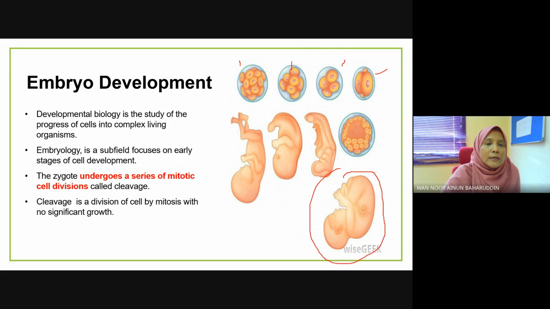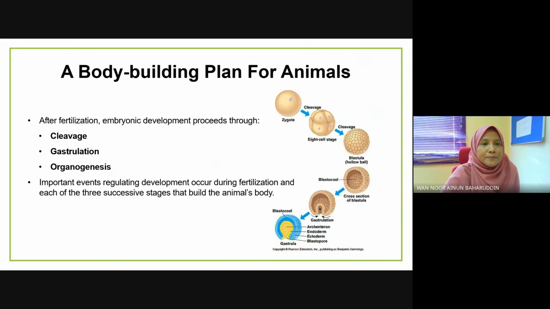This is what we call embryology. Embryology is a subfield focused on early stages of development. The zygote undergoes a series of mitotic cell divisions. These are what we call cleavage. Cleavage is the division of cells by mitosis without any significant growth.